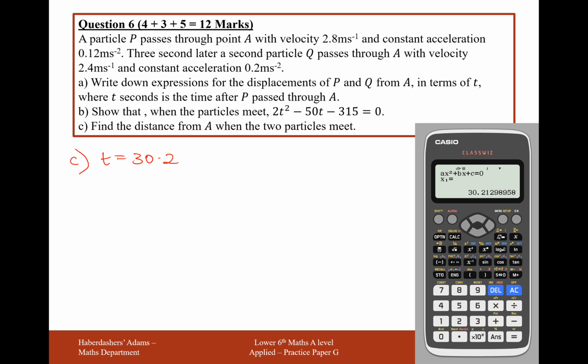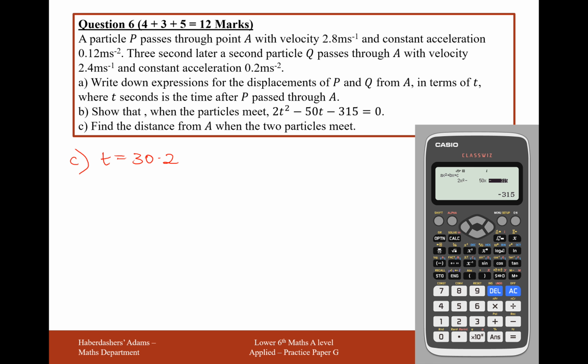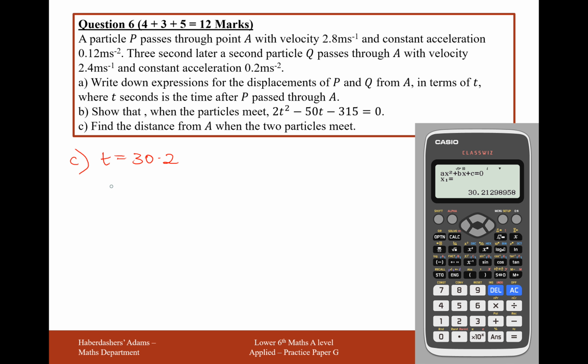If it was a positive value, then you'd have to go with the smallest one, so when they initially meet. In this case they won't, because one's going to accelerate past the other one, so it's going to be t equals 30.2. Then go back to one of your formulas that you had before and plug in the value for t to work out your distance.